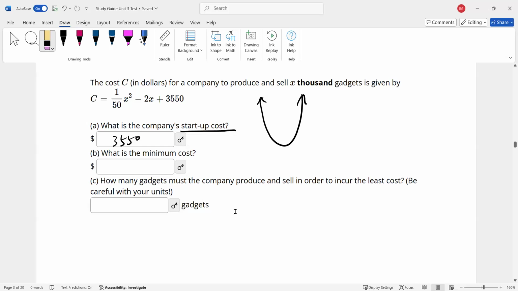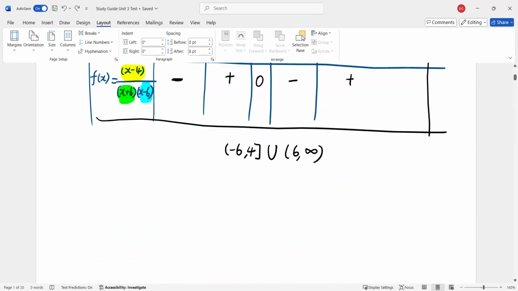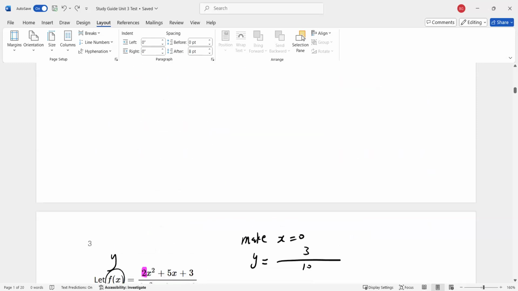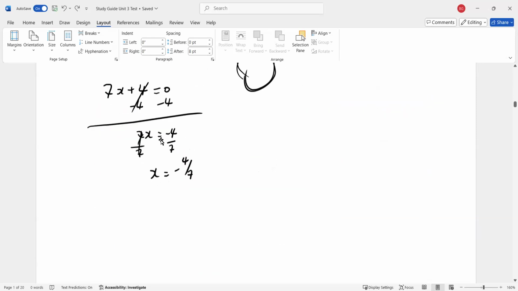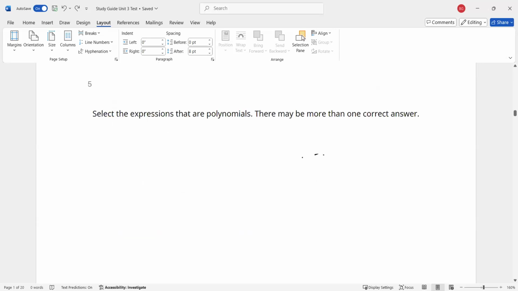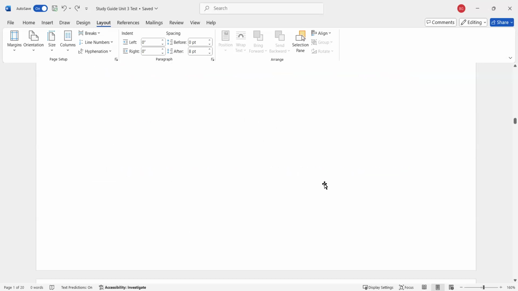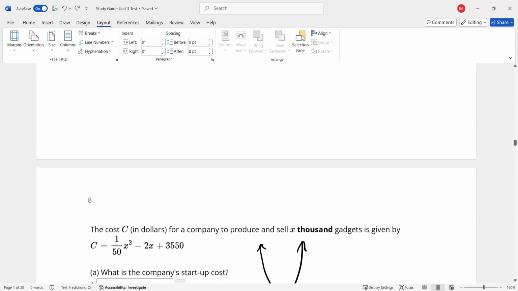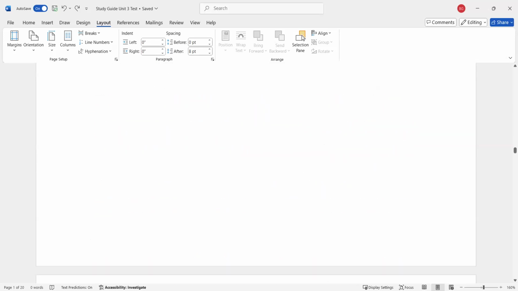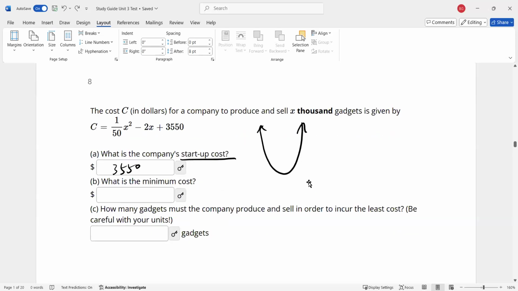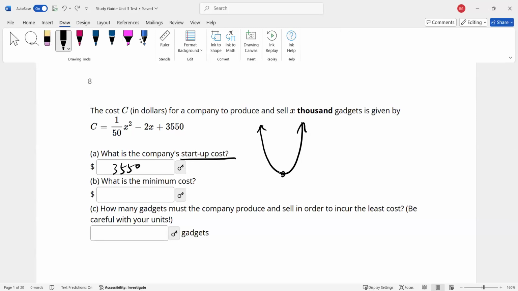Part B, what is the minimum cost? Knowing cost is the Y value. We want to know the minimum cost, means we want to know K. We know H comma K is the vertex, right?